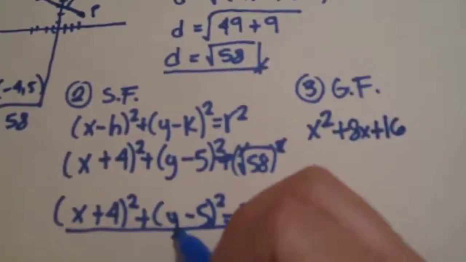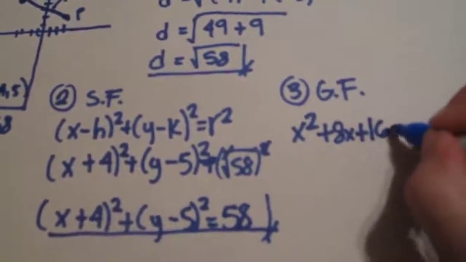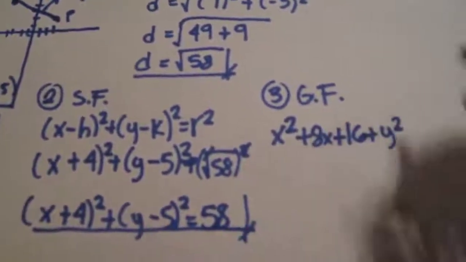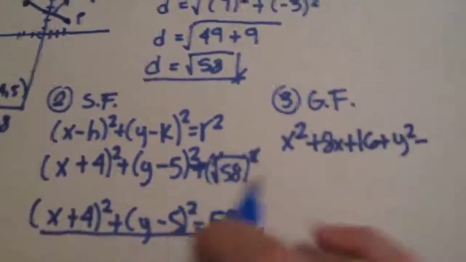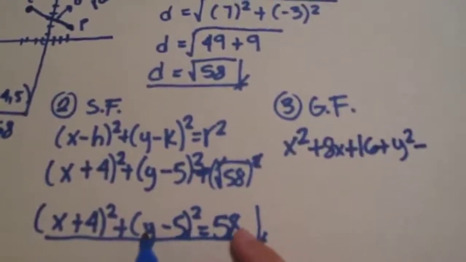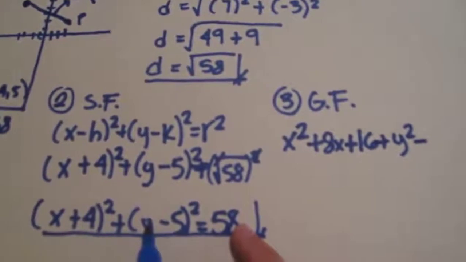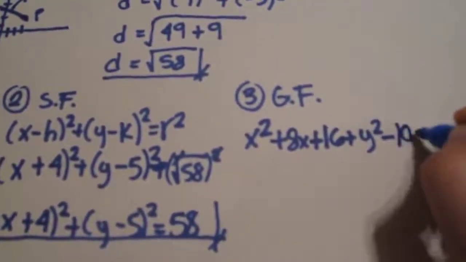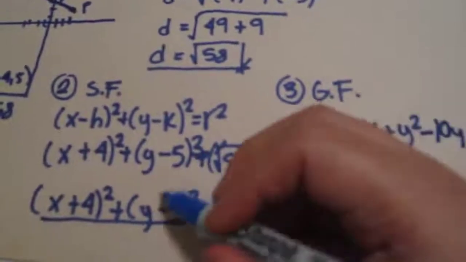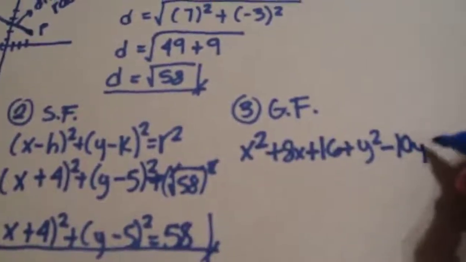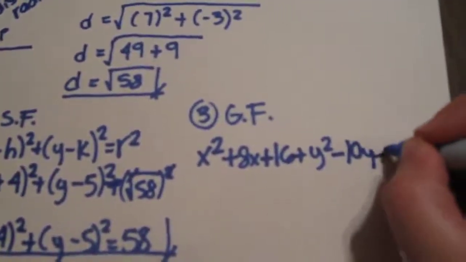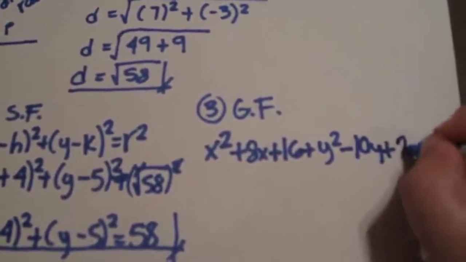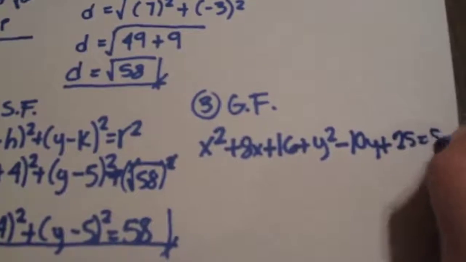Now, the second is going to be y squared, then the sign in the middle, minus 5 times y, 5y, times 2, 10y. It is the double of the multiplication of the two terms, plus the second term elevated to the second. 5 to the second is 25, equals 58.